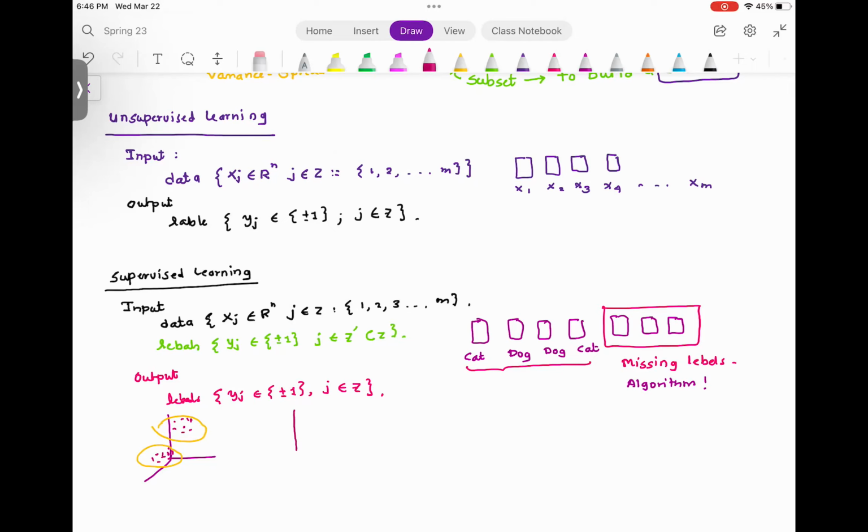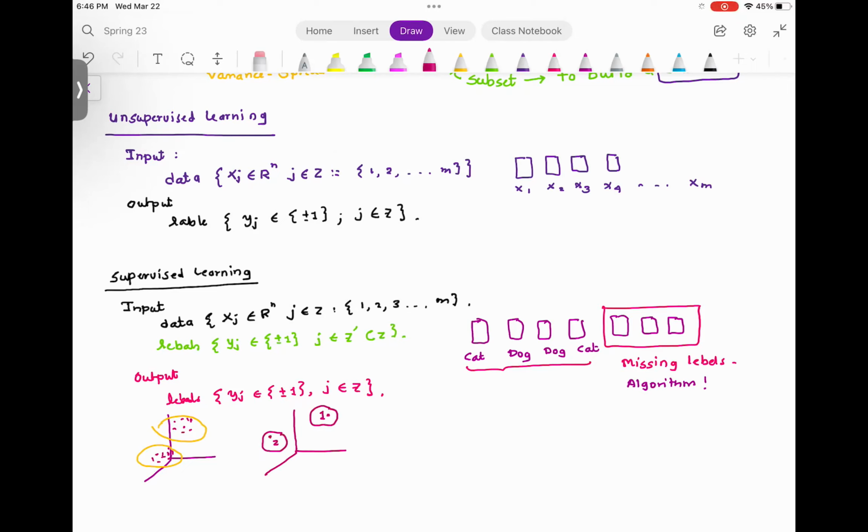Or I can again deal with those clusters, but I would have identified that this is the flower of category 1, this is the flower of category 2.